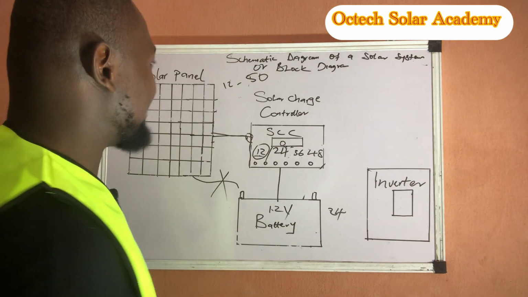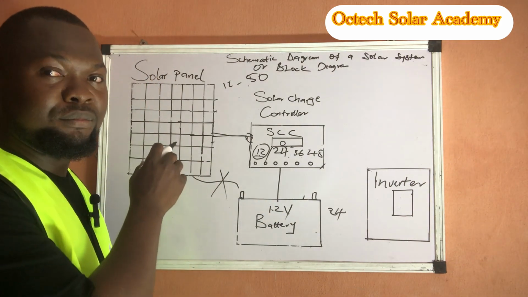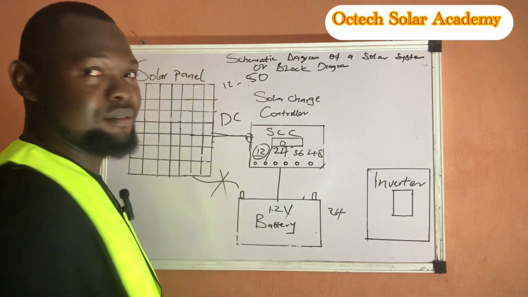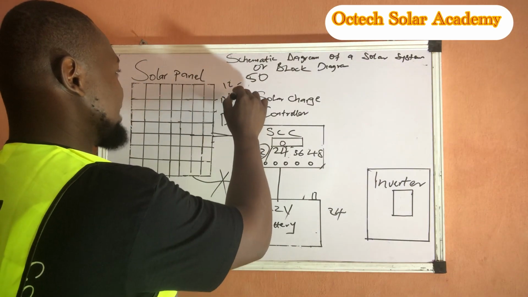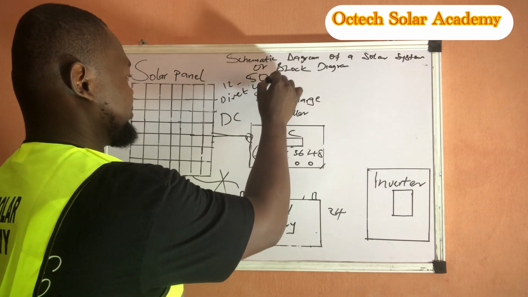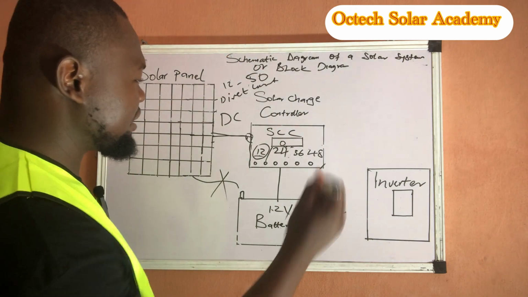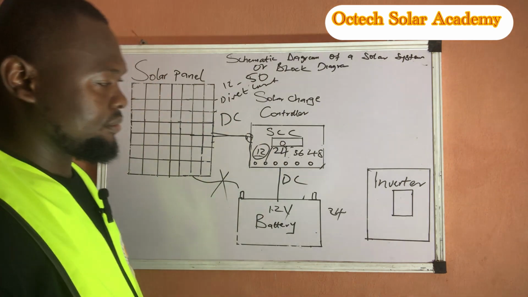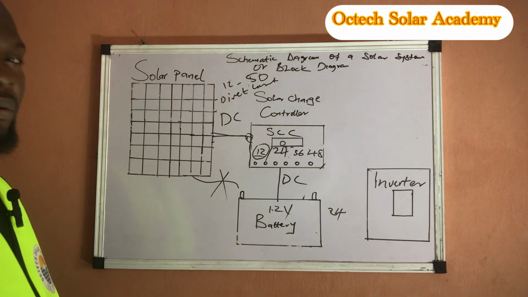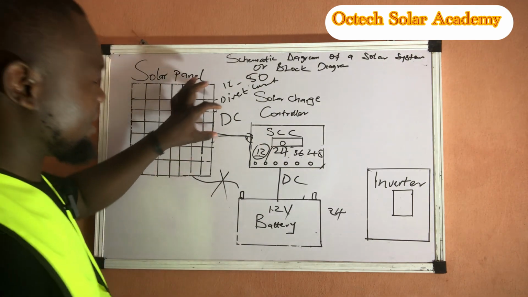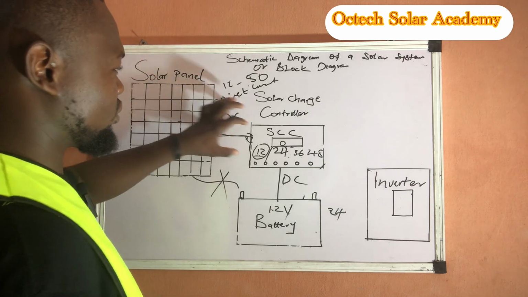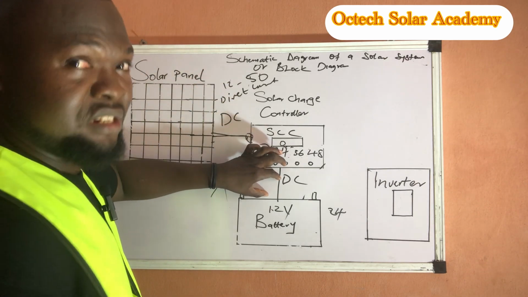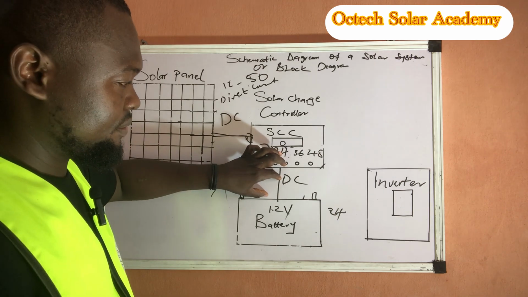But have it at the back of your mind that the energy generated from the solar panel is DC, which is direct current. The energy stored in this battery is also DC. The energy from the solar panel to the charge controller is DC, and the one that goes to the battery is DC.